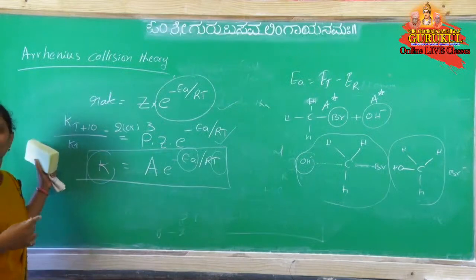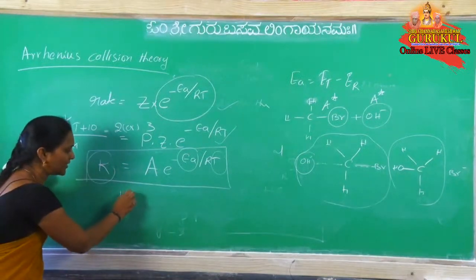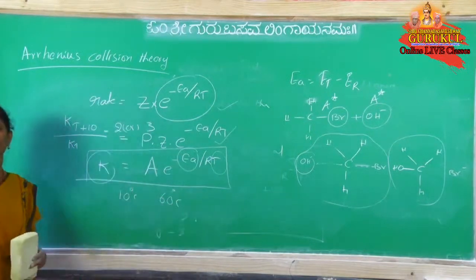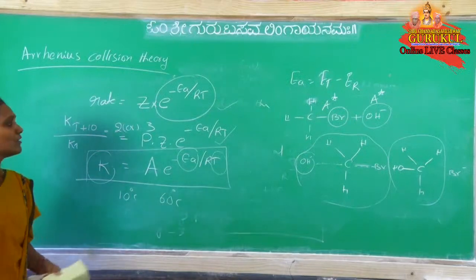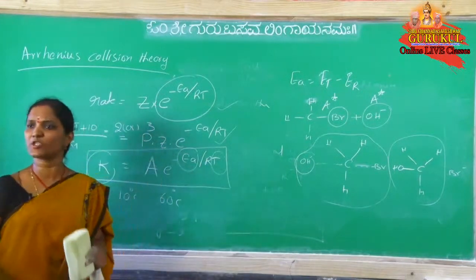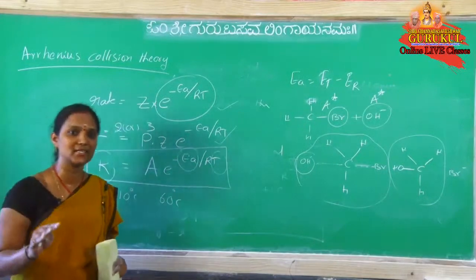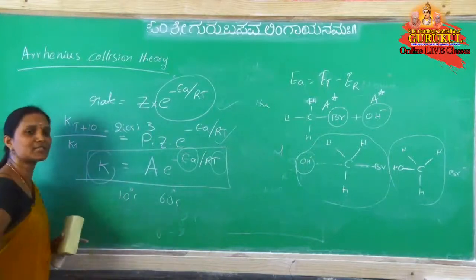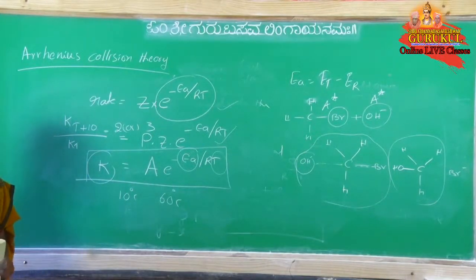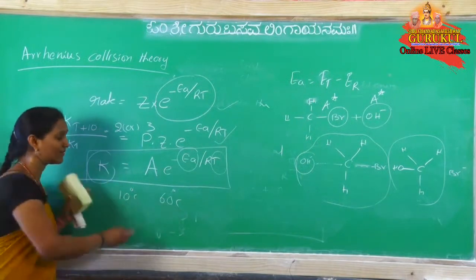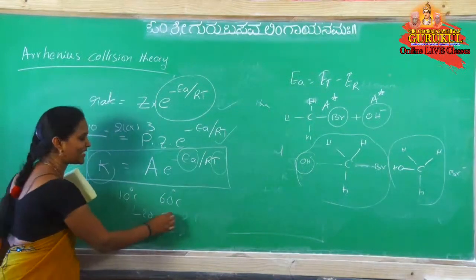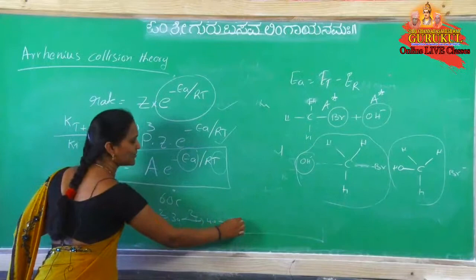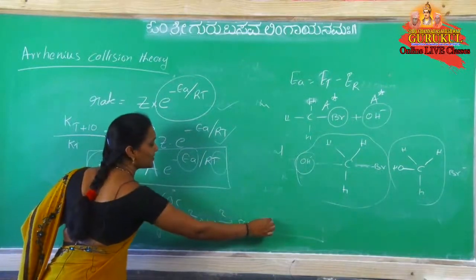Using this, some problems are also there, no? Initial temperature is 10 degrees centigrade and now the temperature is 60 degrees centigrade. K has increased how many times? Generally 2 or 3; if not mentioned, we have to take 2 only. For every 10 degrees rise in temperature, the rate constant value doubles. So 10 changes to 20, double; 30, double; 40, double; 50, double; 60, double.